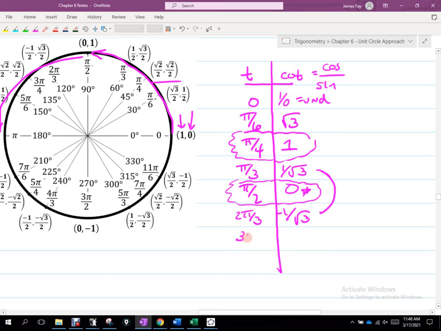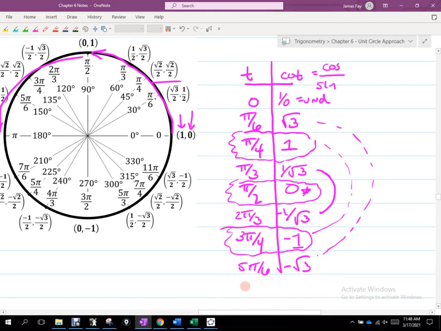Then 3 pi over 4 is the same thing as pi over 4 was, but negative. Another real nice point for us to plot. At 5 pi over 6, it should be negative root 3. And at pi, what are we going to have? It's going to be negative 1 divided by 0 again, and that is undefined. So we're going to have an asymptote there.